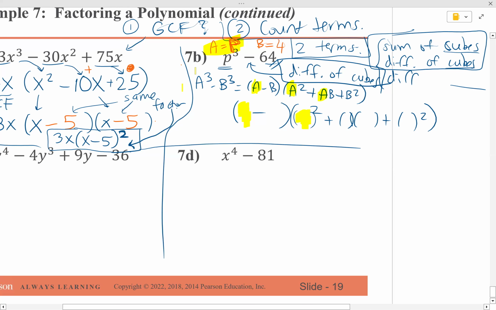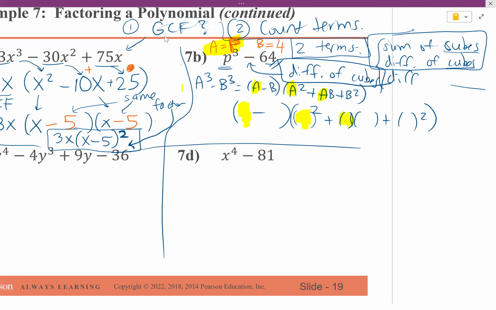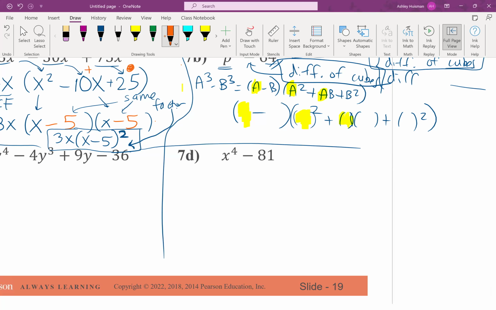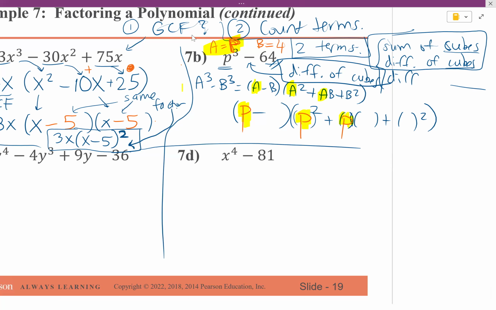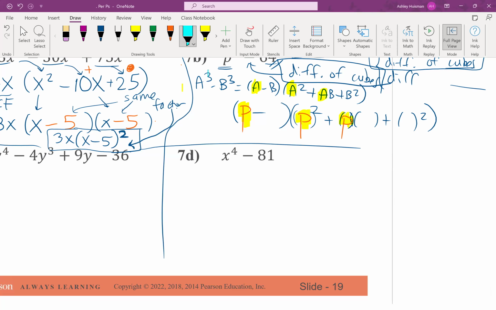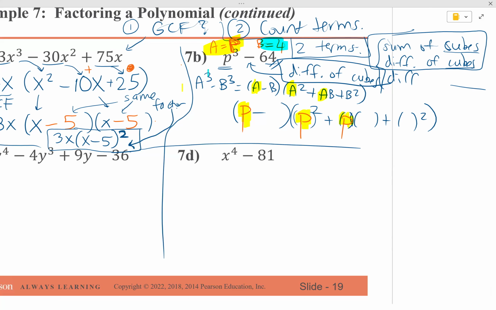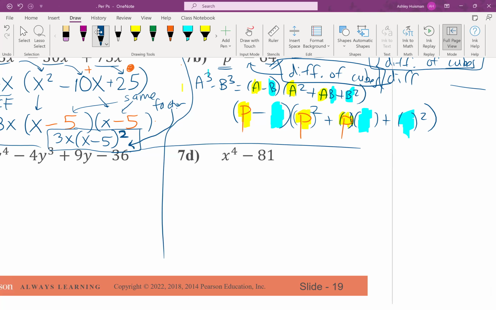P here, p there. And then the letter b is 4. So he's going to be replacing b in this formula, all 3 places that he happens. Here. All right, 4 goes there.